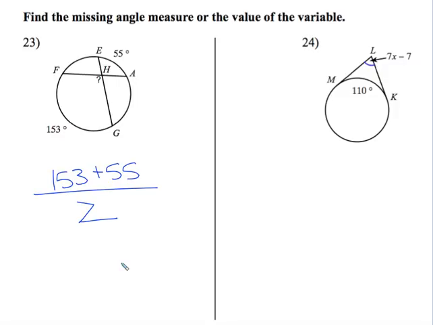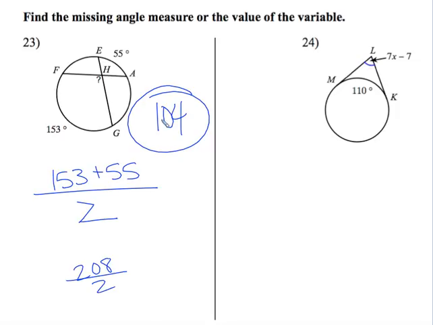I'd be careful about that, so I'd add them first, like add 153 and 55 so I don't have to worry about parentheses. Get 208, then divide it by 2 so that I get 104.